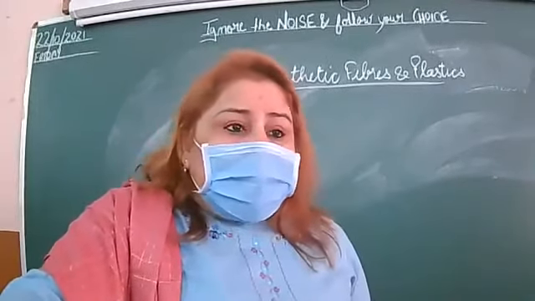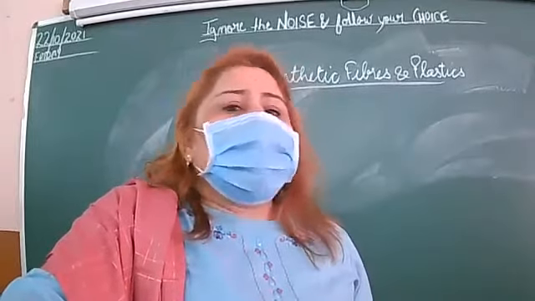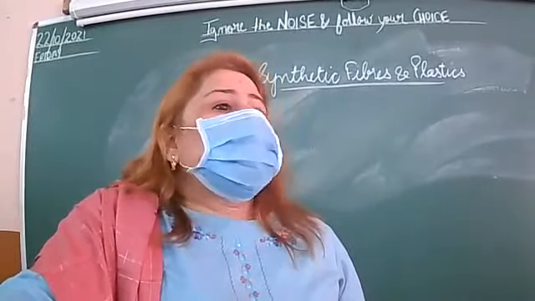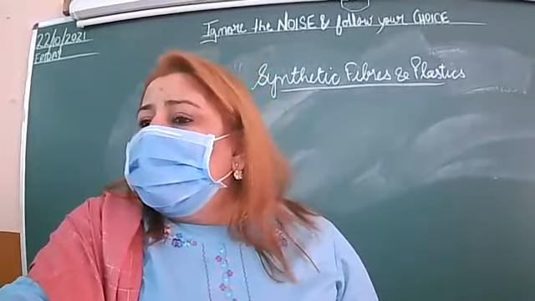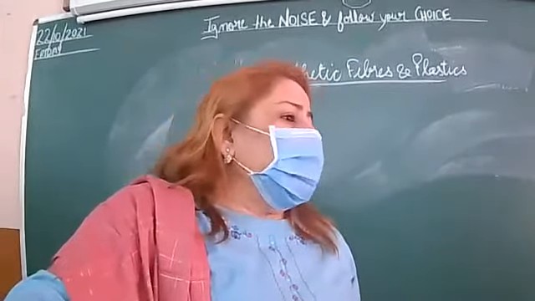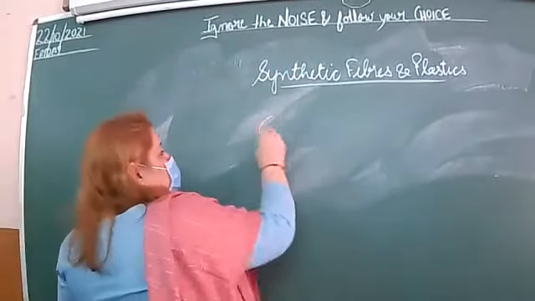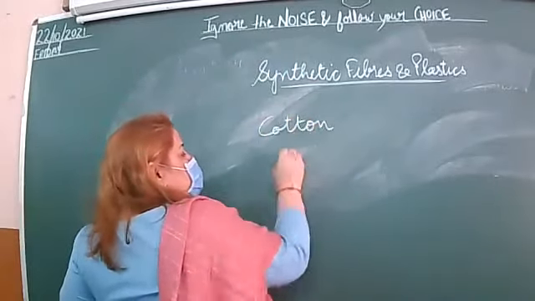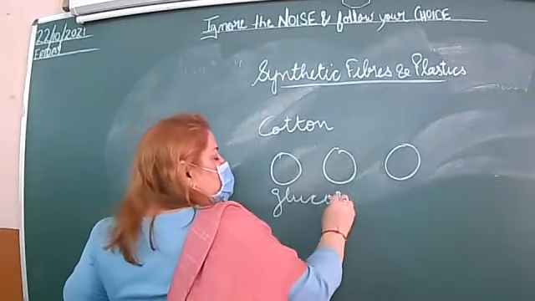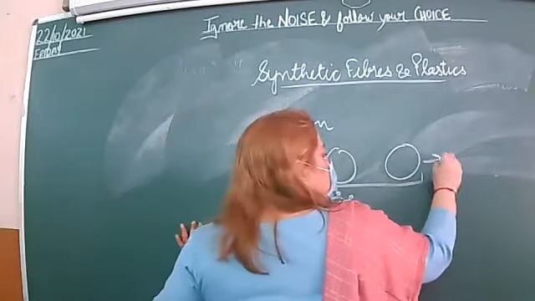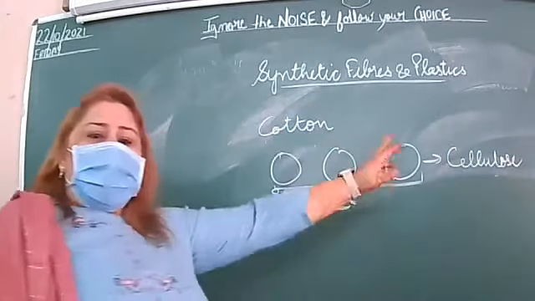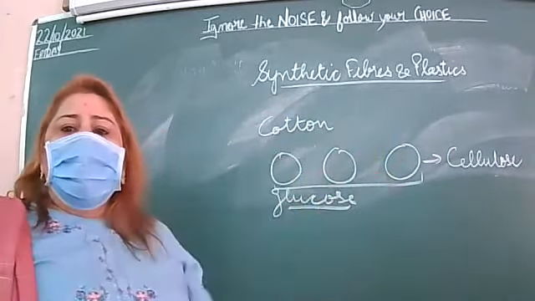Cotton is made up of small units of glucose. When these small units of glucose combine, they form cellulose, a big molecule that is called a polymer, and these small units are called monomers. And what is nylon? Amide.